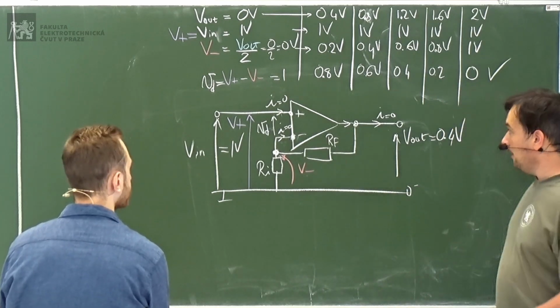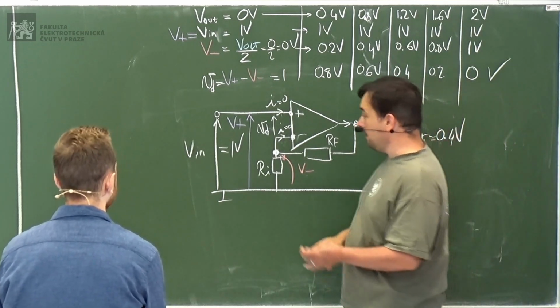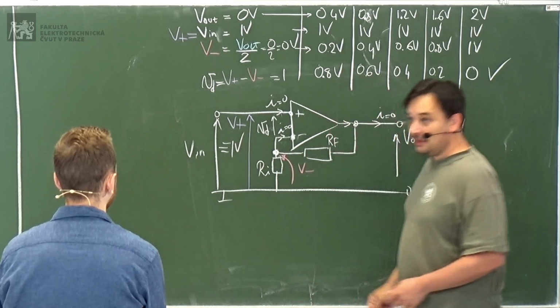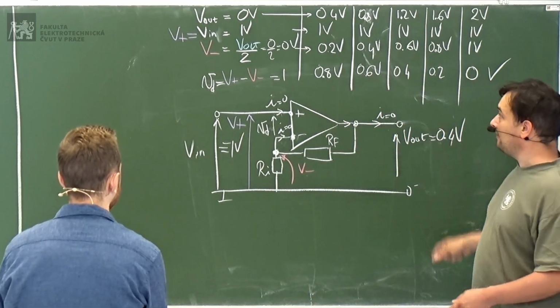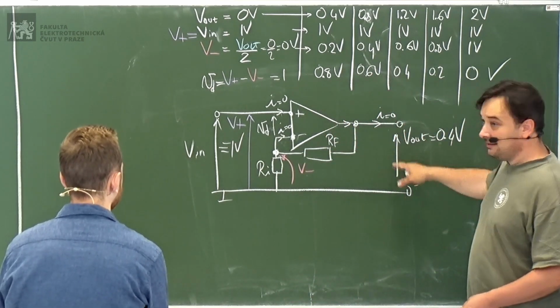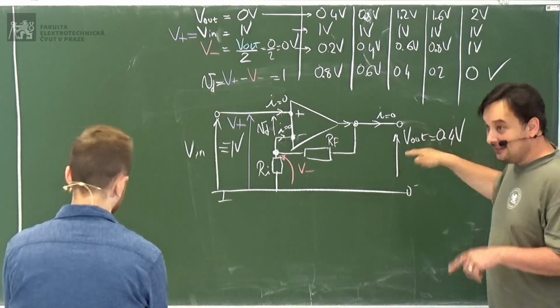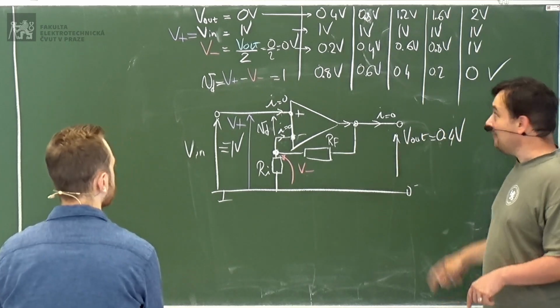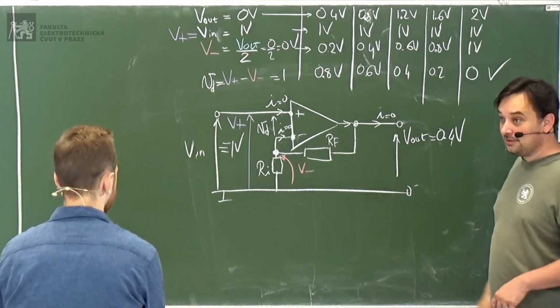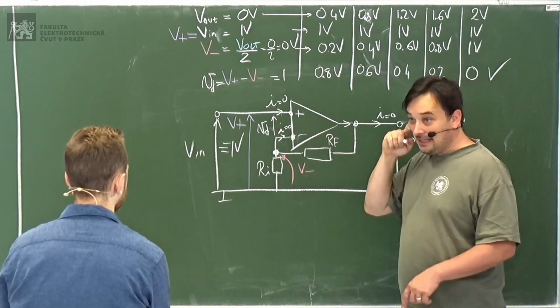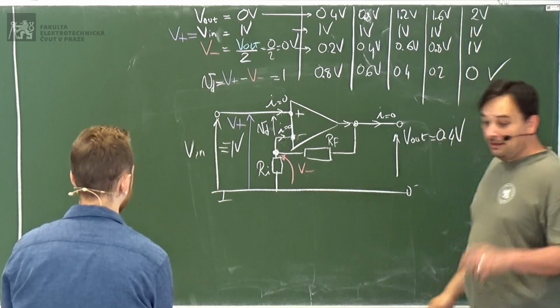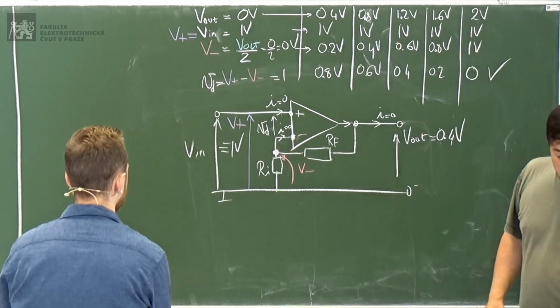If, on the contrary, I apply negative 1 volt here, it does the opposite. It decreases the voltage until it gets to minus 2 volts, and then, again, I have 0 voltage here.